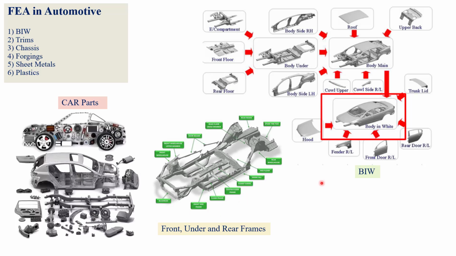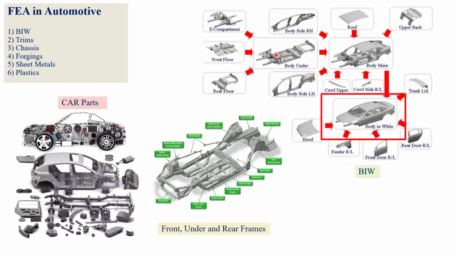Now if you consider the complete BIW, you could see these are the different BIW parts. We combine them to create a final body in white model. So we initially start with the engine compartment, and then we have the front floor, yeah, the rear floor we take.